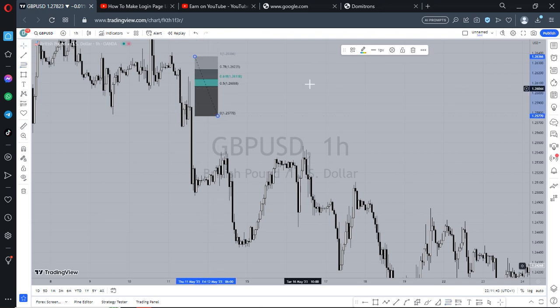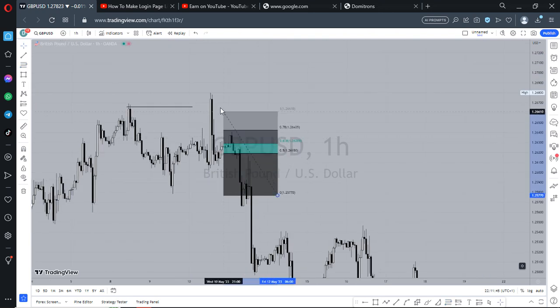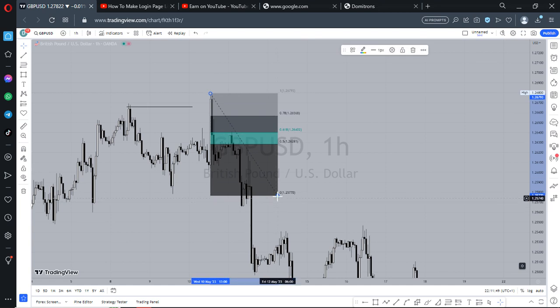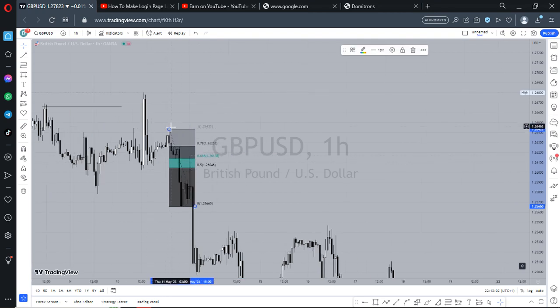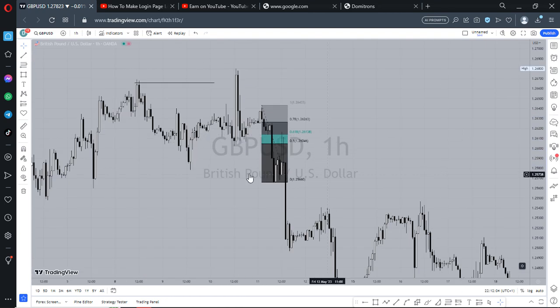Okay, let's first of all mark what I call the stop hunt right here, and right here is our Fibonacci. So it didn't retrace backwards right here, but you can note that the recent high is this high right here and not this one, because we have this swing high before it rallied downwards to break structure.